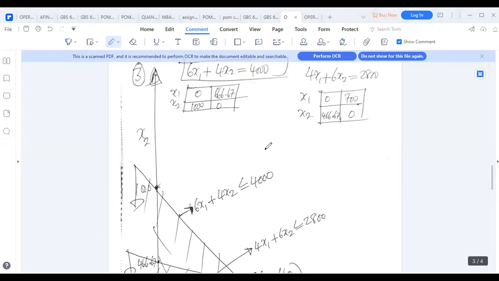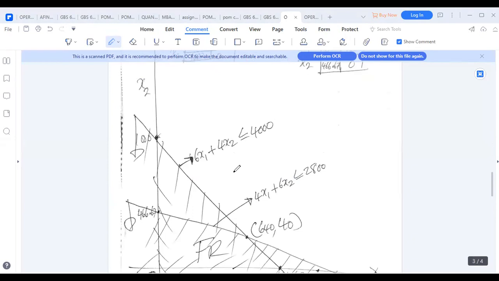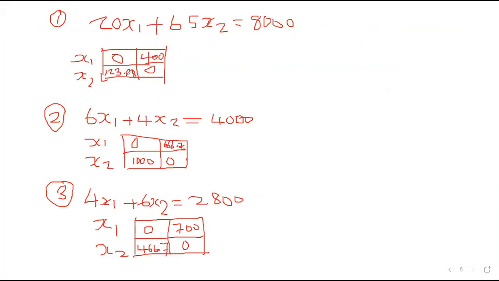There was just one constraint that was left out, where we are using this one, 0,123.08 and 400,0.